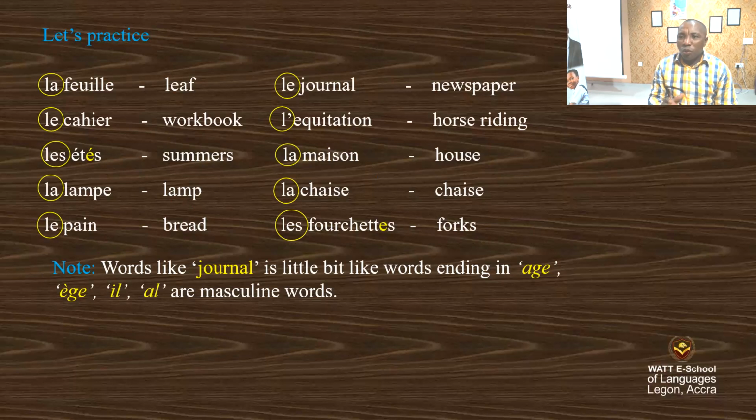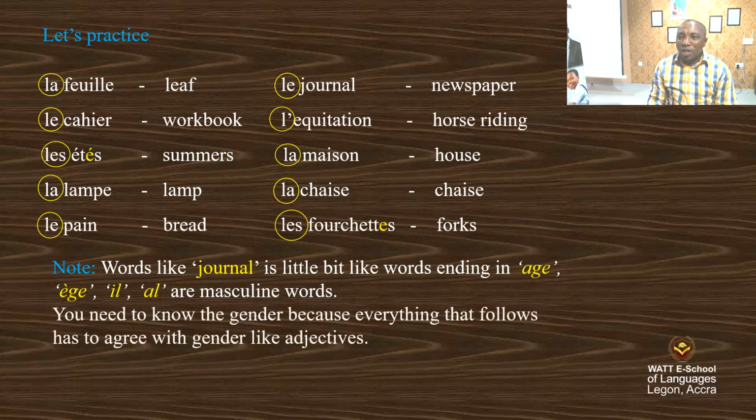A word like journal, newspaper, or a word that ends in -al, or -age, -ège, -il, and -al, where the word ends in these, are masculine words. Have you gotten it? All right. You need to know the gender because everything that follows has to agree with the gender, like the adjective.